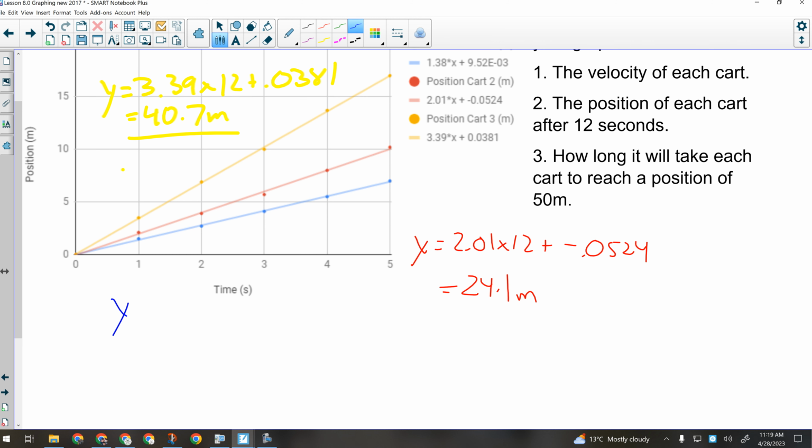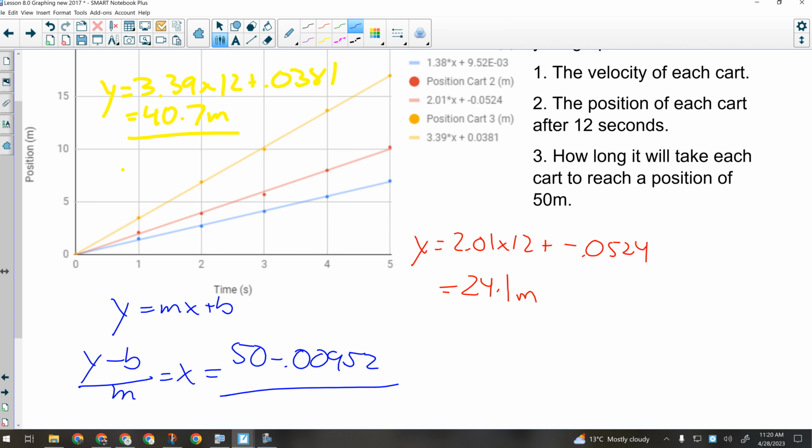I subtract b from both sides, divide by m, and I've got x by itself. So for the blue car, that's going to be 50 meters, that's the y value they gave me, minus 0.00952, that's b, divided by m, which is 1.38.